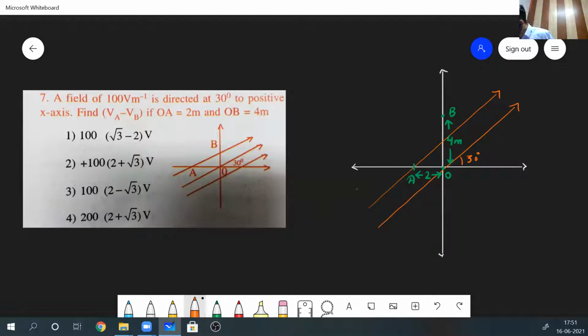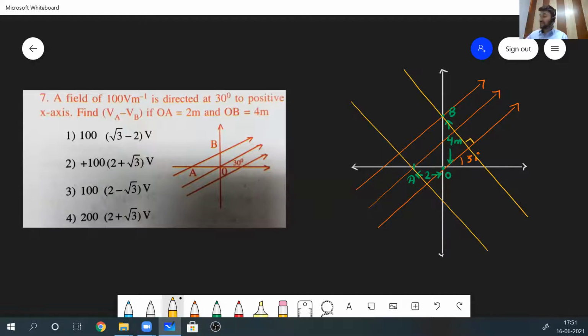Now we are going to pass another electric field line through the point B, right? We know that equipotential lines or equipotential surfaces, as we can say, are perpendicular to the electric field lines.